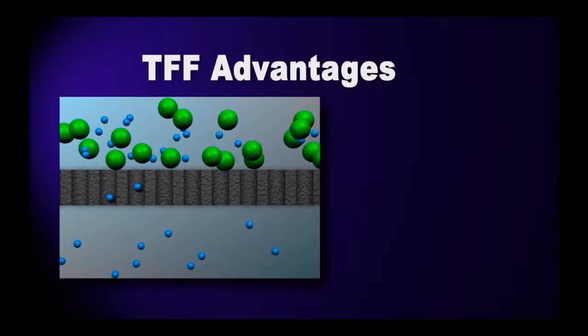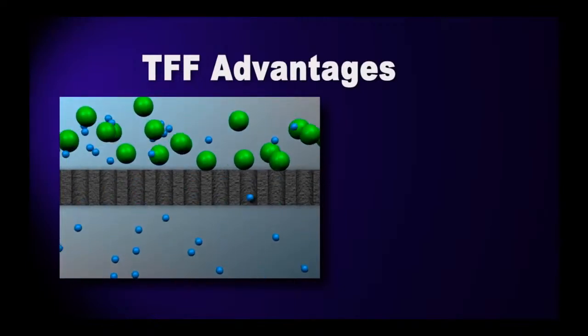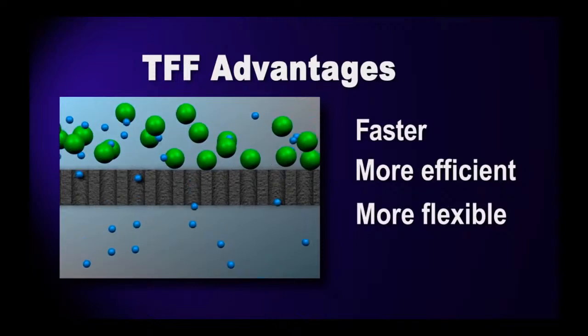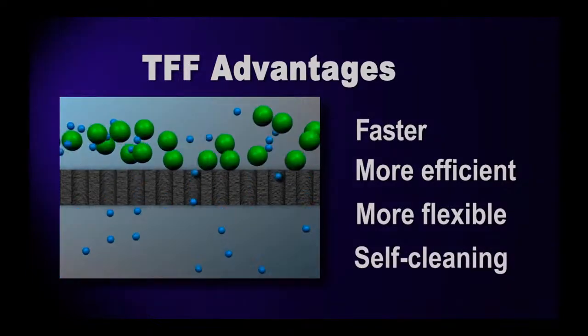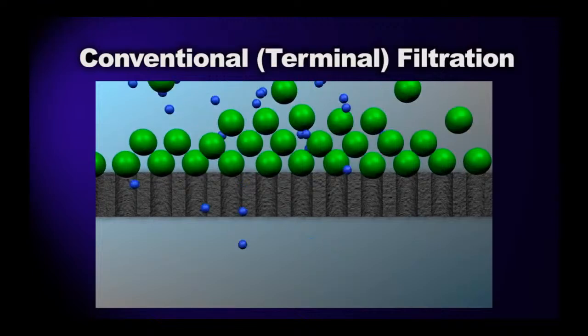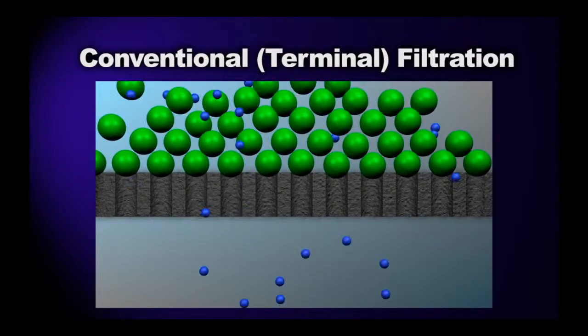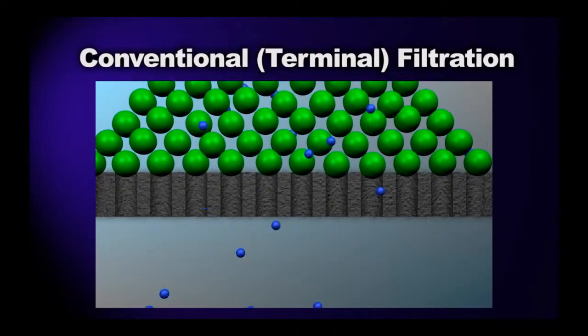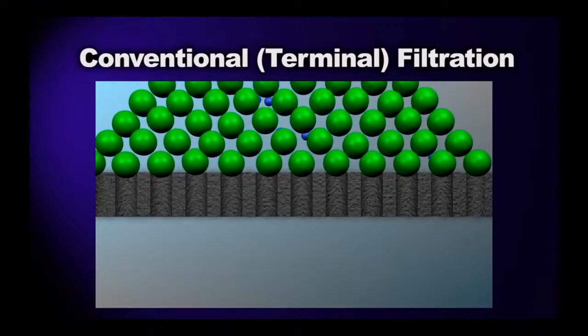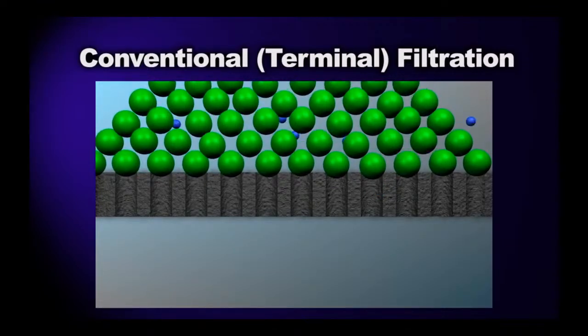What makes TFF different is a core technology that enables it to be faster, more efficient, more flexible, and even self-cleaning. In conventional terminal filtration, a fluid is pumped directly into a filter. The particles within the stream that can't fit through the pores of the filter build up at the filter surface, eventually clogging it.